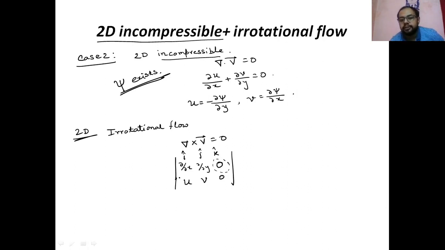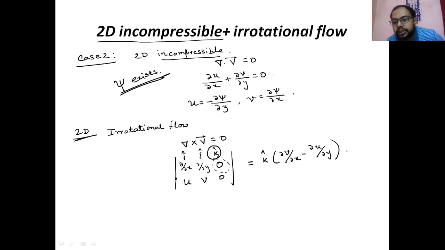So in this equation, i is equal to del y of 0 minus v into 0, and j is equal to 0 into u minus d dx of 0. Both are 0, so only k is existing, the k axis. That is coming dv dx minus du dy.